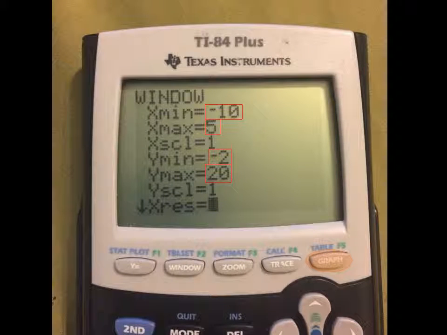Set window to an appropriate frame. In this case, we will set x minimum to -10 and x maximum to 5. We set y minimum to -2 because the distance is always positive. Press graph.